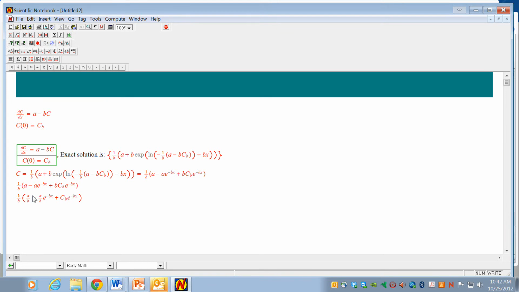So I'm going to use that capability to copy and paste to do the algebra in a few steps. So there I multiplied through by B, and now I'm going to drop these parentheses, and now I'm going to copy and paste again and factor out the A over B. So I put that in parentheses, and then I'm going to take this out, put one there, and I get that result.